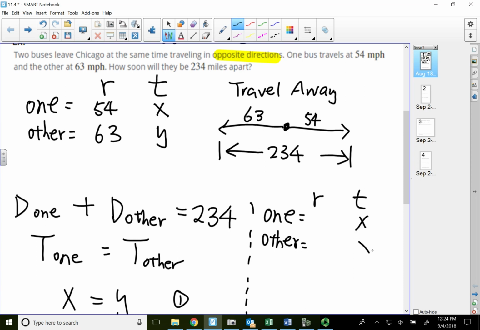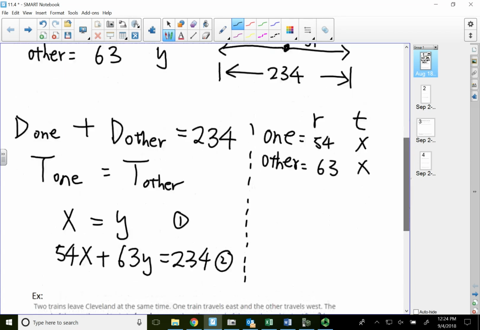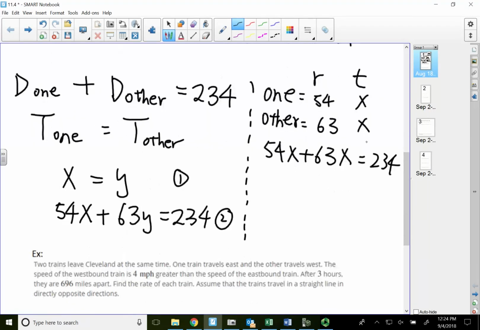So let's call both of them x. Let me show you why one variable makes sense. The distance of one bus, which is 54x, plus the distance of the other bus, 63 times x, is equal to 234. All right, so that's how we will write out the equation using one variable.